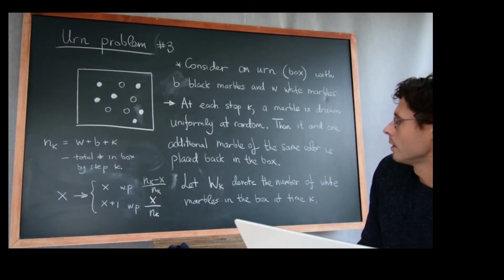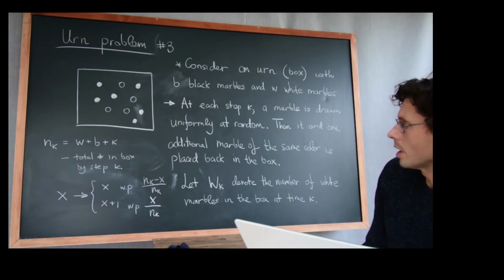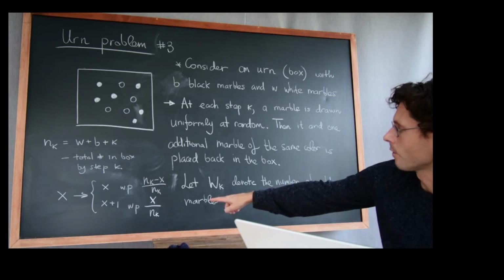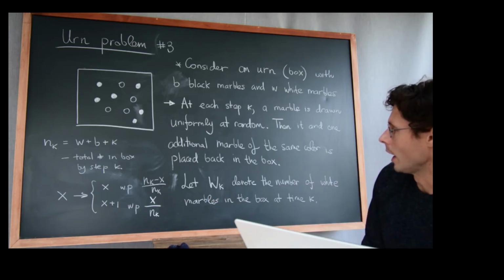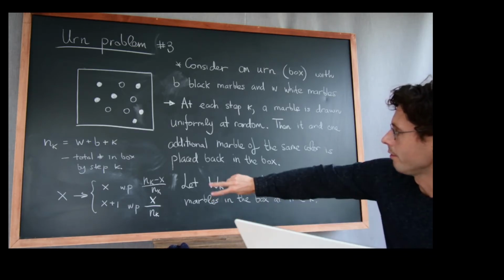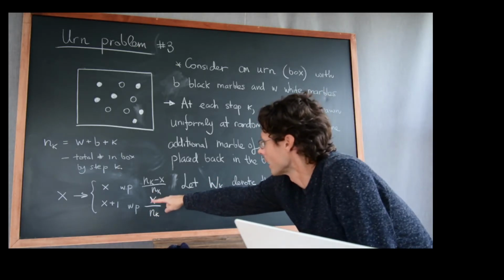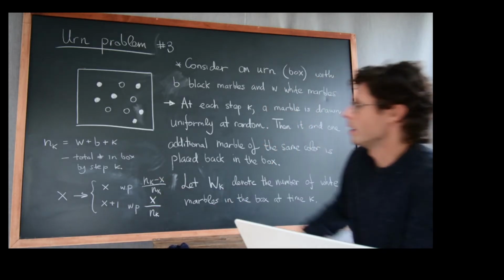So we now have these transition probabilities that look different from the previous two examples in two ways. One is you see this dependence on K, and the other thing is that they're flipped. This one used to be over here, and that one used to be over there.